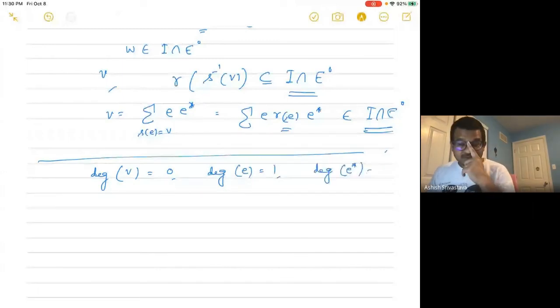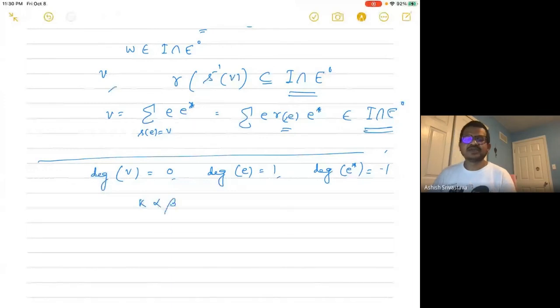If you remember how we multiply elements in a Leavitt path algebra, it's quite clear that any monomial will be of the form: a field element, then a path and a ghost path. That's how any monomial will look.